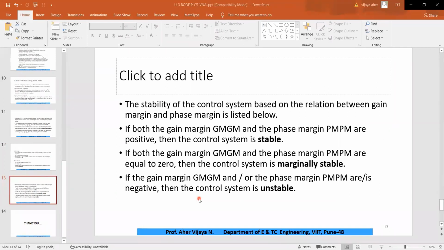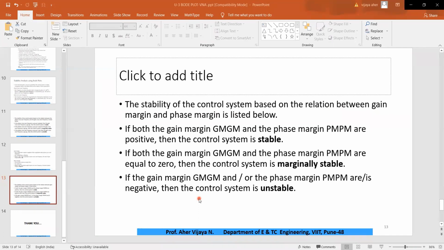In the previous slide you compared phase crossover frequency and gain crossover frequency, and depending on the relation between these two you concluded about the stability of the system. Similarly, depending on gain margin and phase margin, you can decide the stability of the system. Now let us see the conditions.